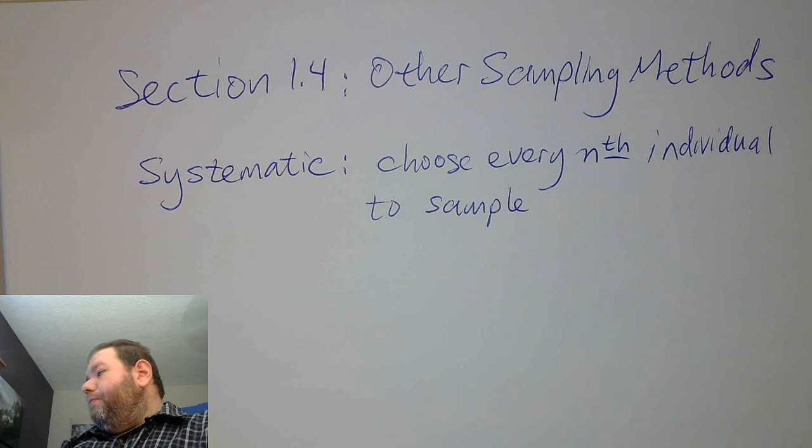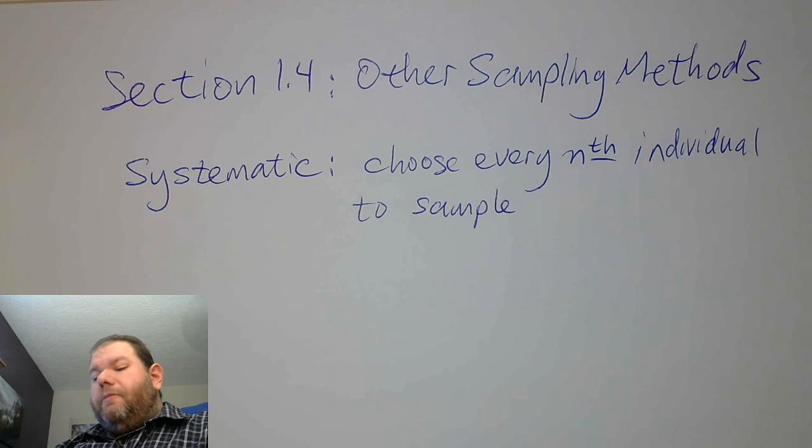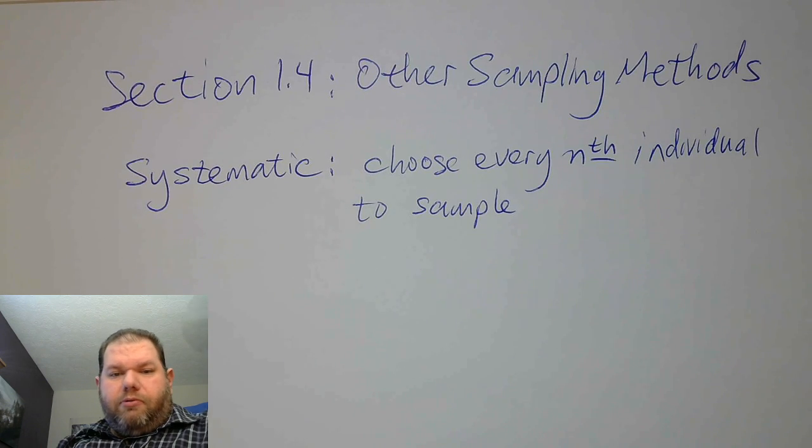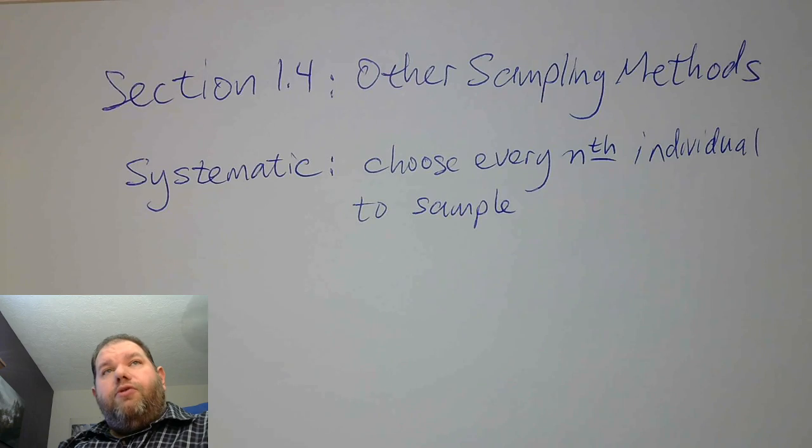So when we say we want to choose every nth individual, that might mean that in a class of 30 people, if we want to create a 5-person sample, we might choose every 5th person on the list.